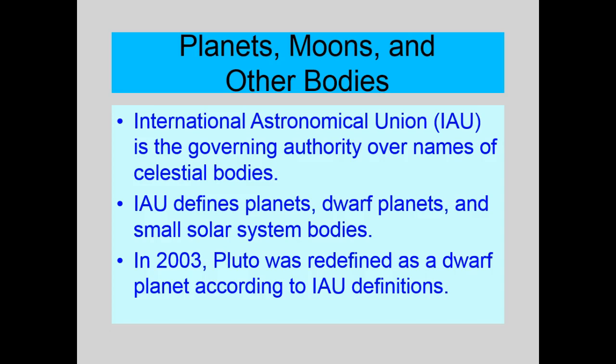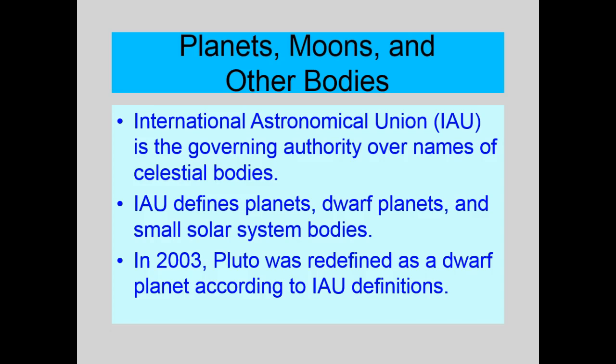So they're honchos. Okay? Now this IAU, International Astronomical Union, defines what is a planet and what's not a planet, what's a dwarf planet and what's not, and these other small solar system bodies. They're the guys back in 2006 that decided Pluto just did not fit enough of the criteria of a planet to be classified a planet. I've given you several of those already.